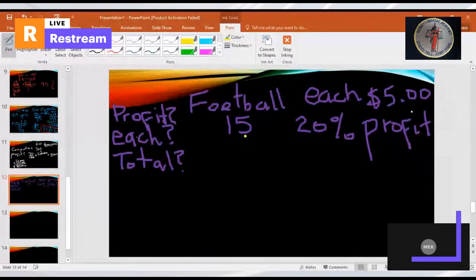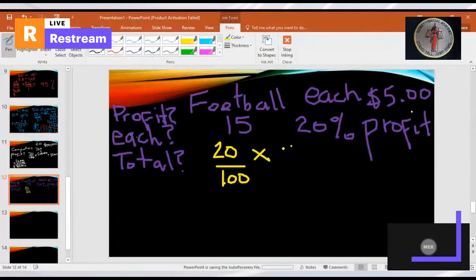So we know that we paid $5 for each football. It's 15 of them. If we want to make a 20% profit on each one, we're going to find 20% of the $5. For some reason, my pen is not cooperating.